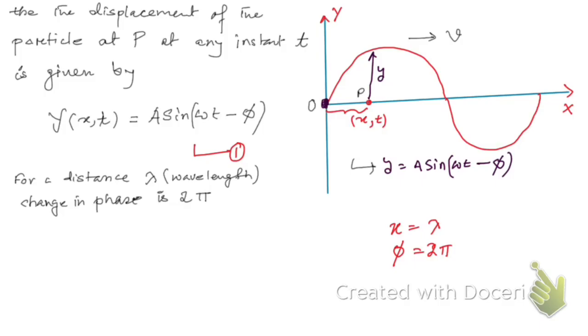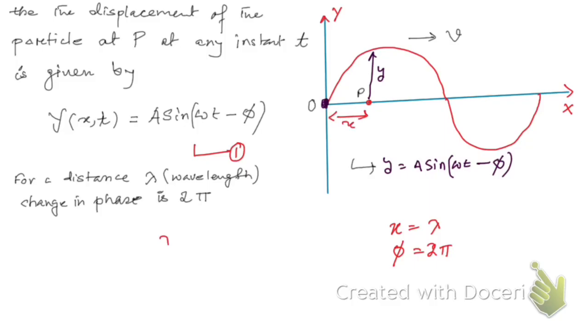So what will be the phase difference between these two particles at P and O? Now here you see the distance between these two particles is x, right?